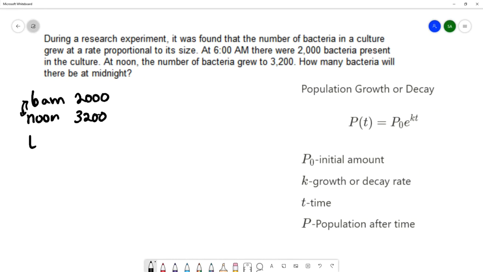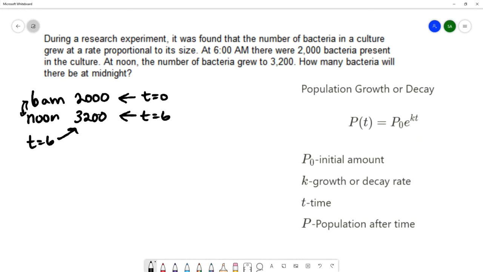So for a time of 6 hours, it grew to this amount. Now with that information, I'm going to be able to establish this as my beginning, t equals 0, this as t equals 6, and then I'll be able to solve for k, the growth rate.